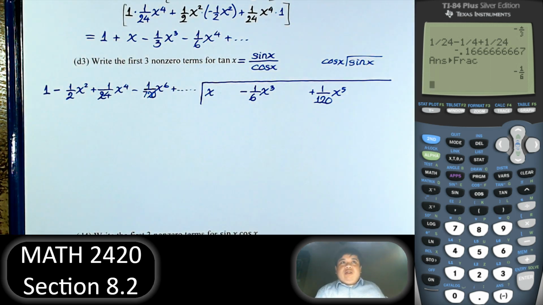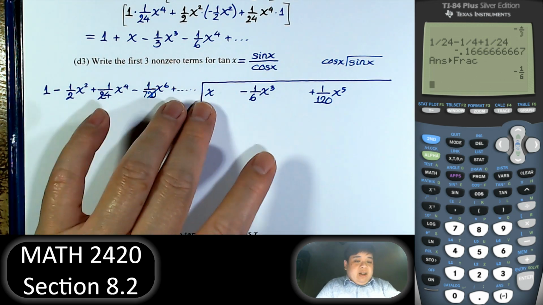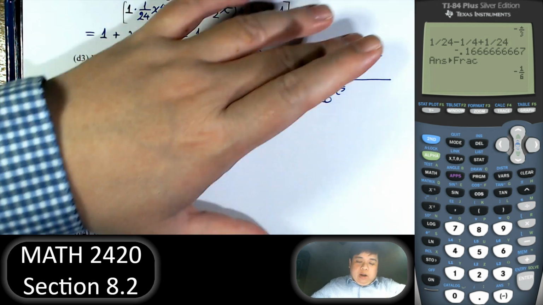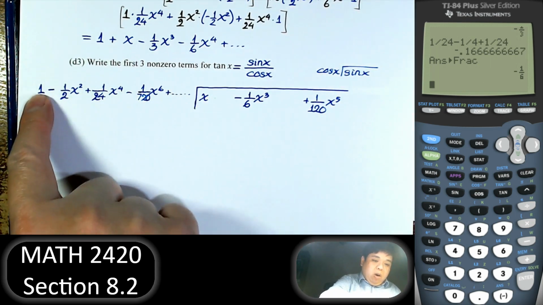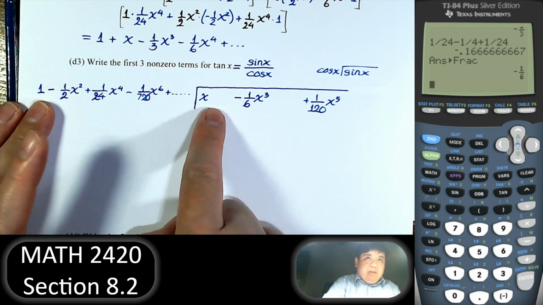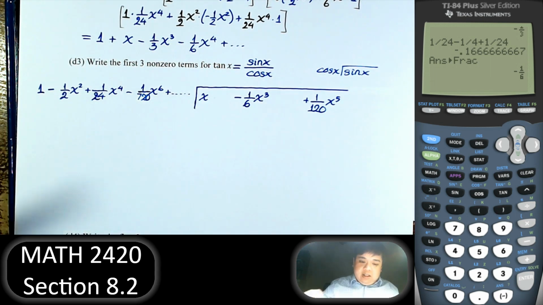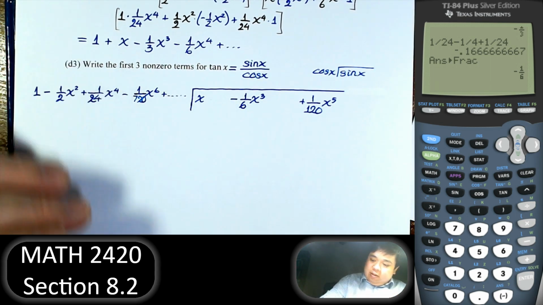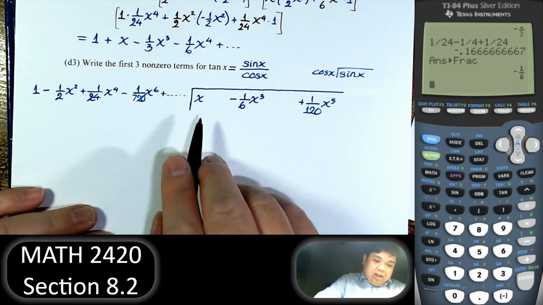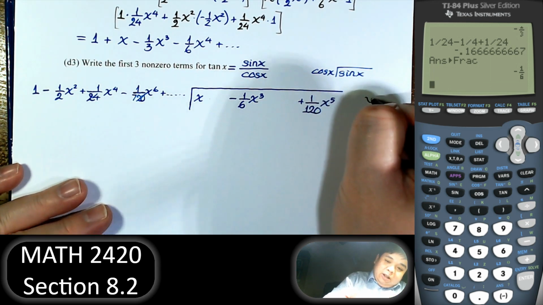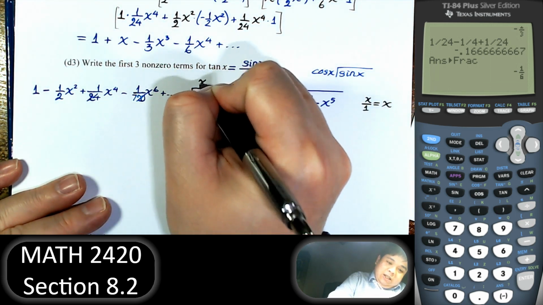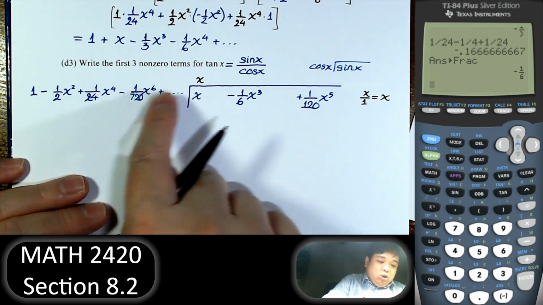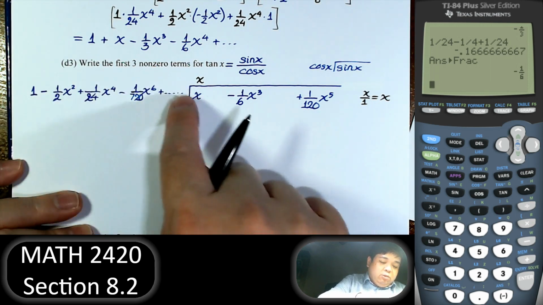So we divide power series like this. First, divide the highest power: x divided by 1 is x. I'm going to write that here. And with that x, I multiply the whole thing.